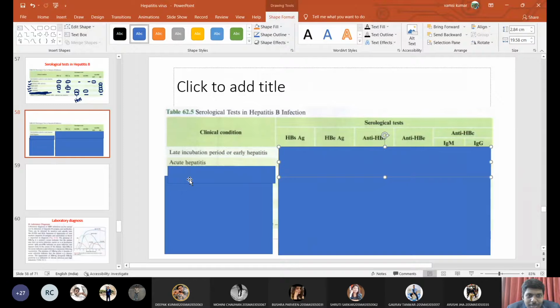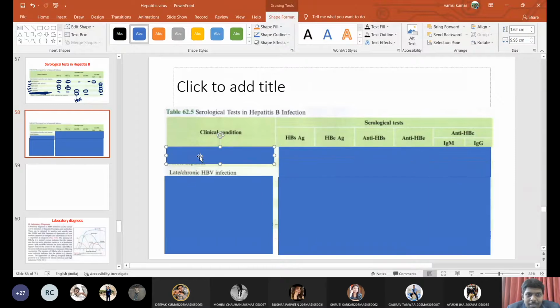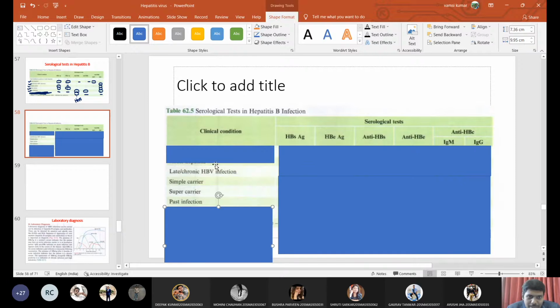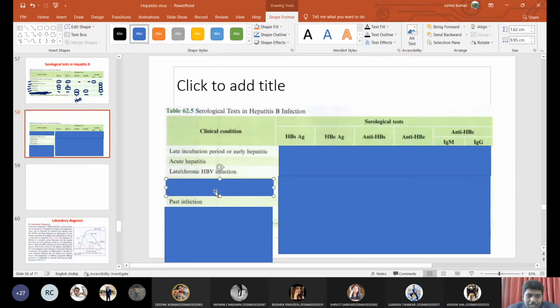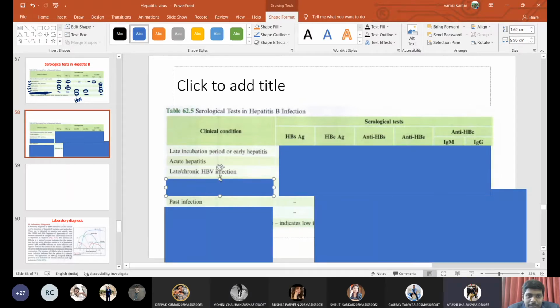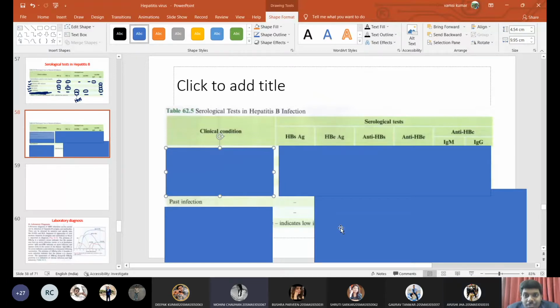Let us try with one more phase of the infection, past infection. What will be the pattern in past infection? Past infection means he recovered and is not active, so no antigens are present. But surface and envelope antibodies will both be present.